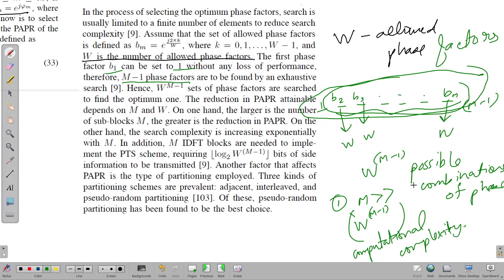You have an exponent, w raised to m minus 1, so you have an exponential increase in complexity if the value of m increases.